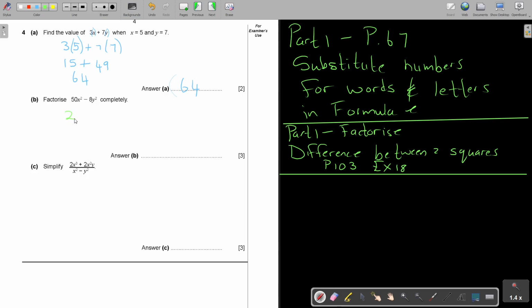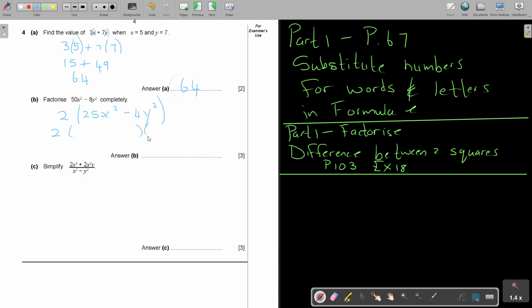So, I'm just going to change my color to blue. If I take 2 out as a common factor, I get 25x squared minus 4y squared. Okay. And now I can do my difference between two squares. So it's almost like first a common factor and then the difference between two squares. So don't forget to rewrite it, make 2 brackets.